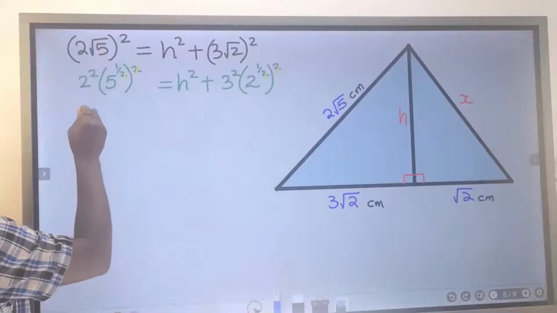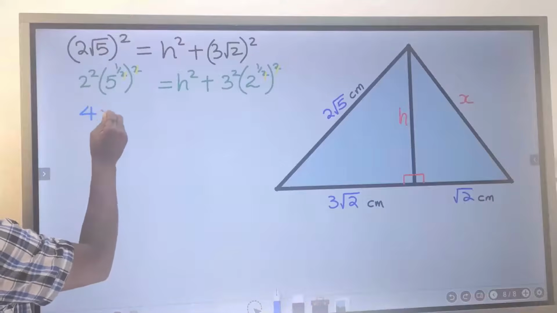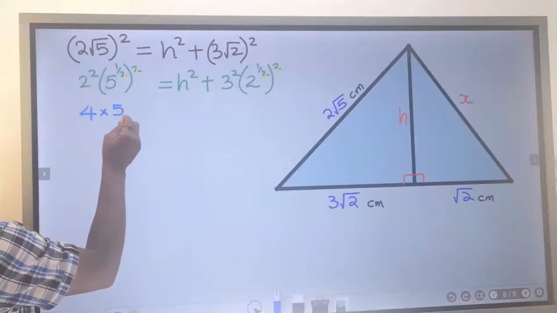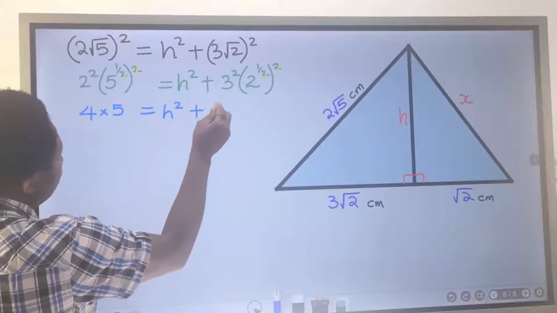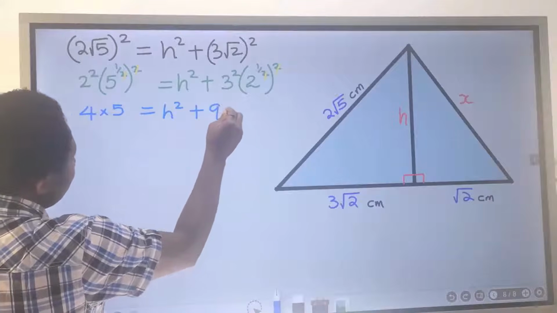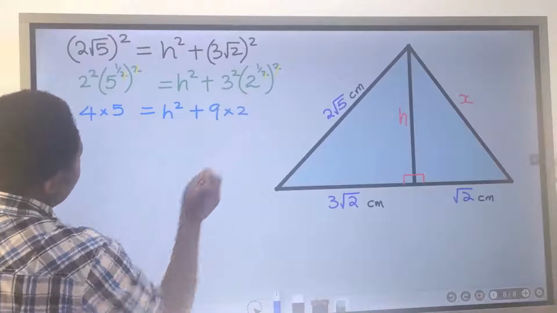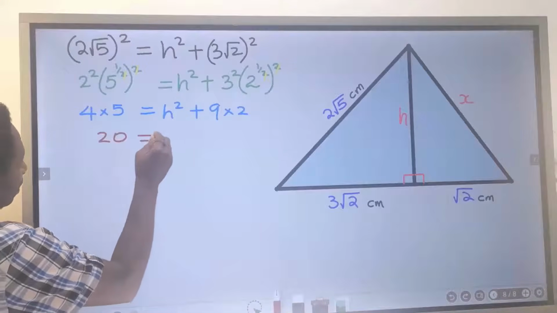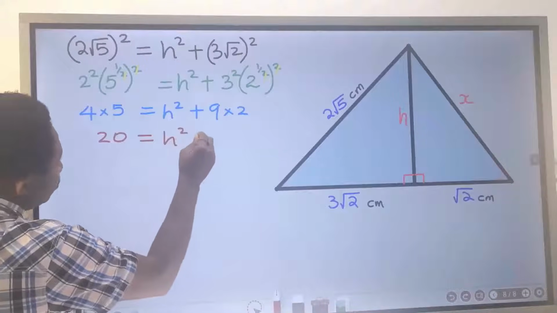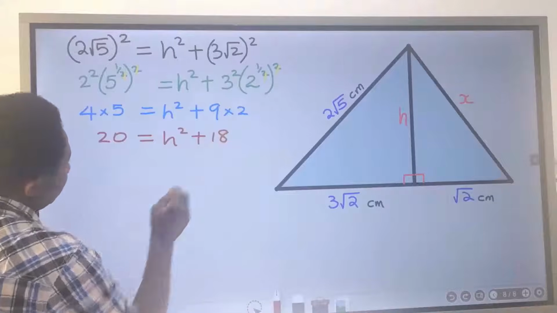Here we are going to have 4 for 2 squared times 5. Here we have h squared plus this is 9 times 2. This is 20. Here we have h squared plus 18.